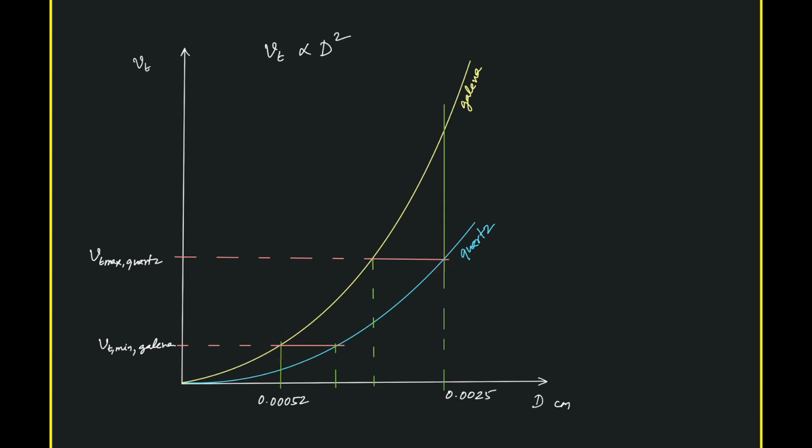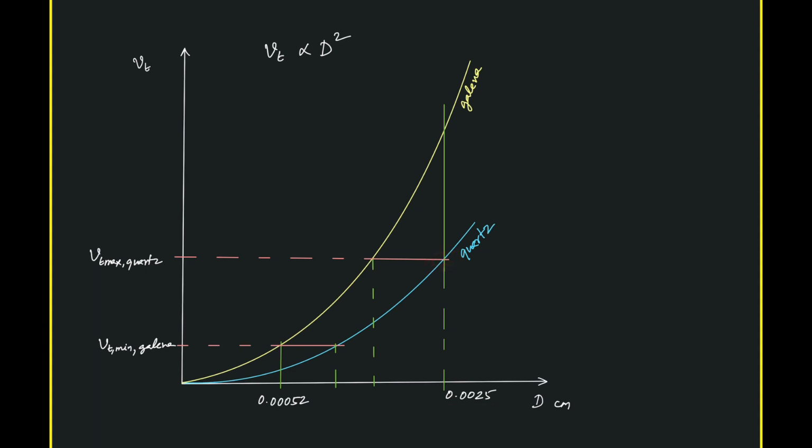We are going to find the velocity corresponding to the maximum size of quartz and the velocity corresponding to the minimum size of galena. The minimum size is 0.00052 and the maximum size is 0.0025.